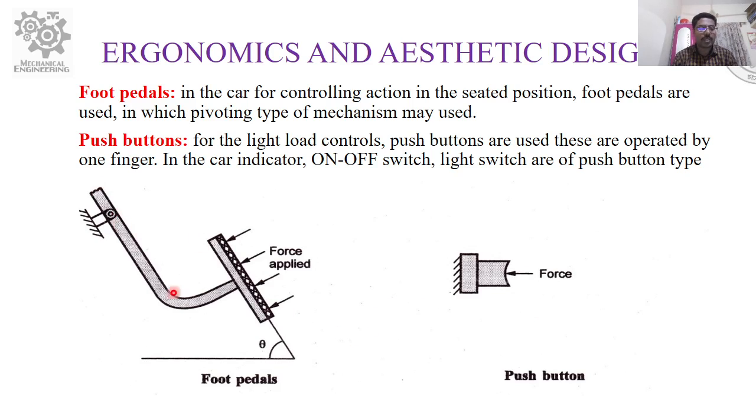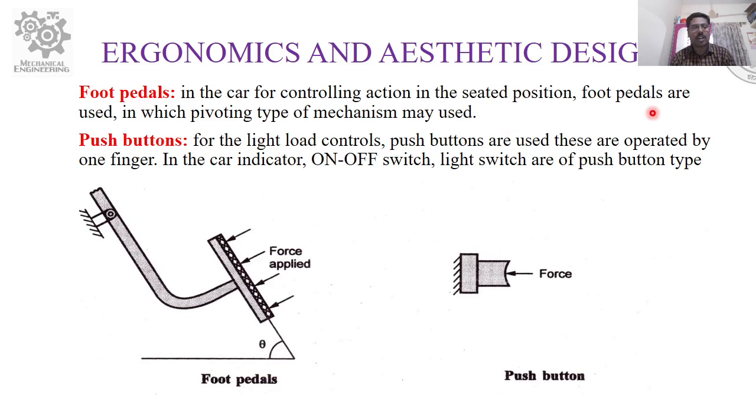Observe here the foot pedals, which are in all vehicles, two wheelers and four wheelers. In two wheelers, they are applied for brakes and accelerators, and the controlling of brakes and other functions is operated by the foot only. Foot pedals in the car are for controlling actions in the seated position. We are already seated, so we just operate with the foot.